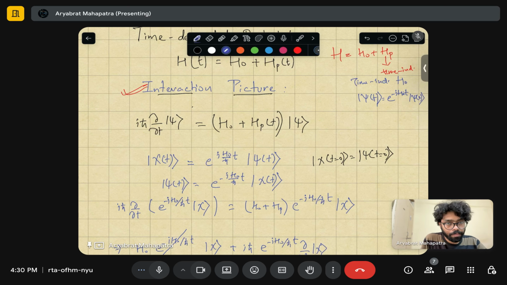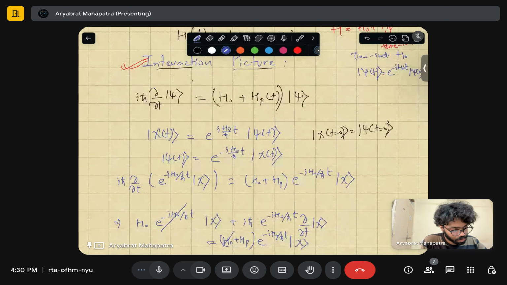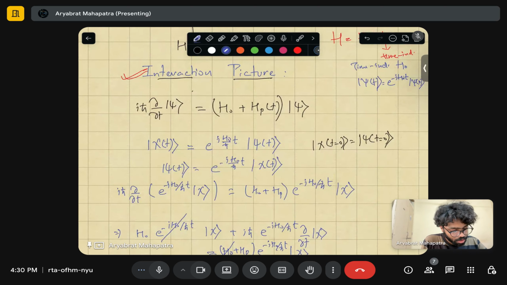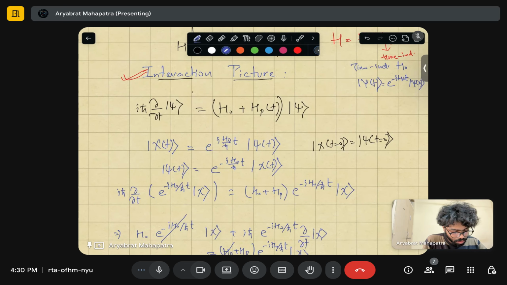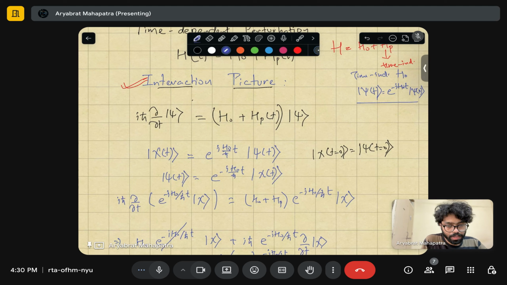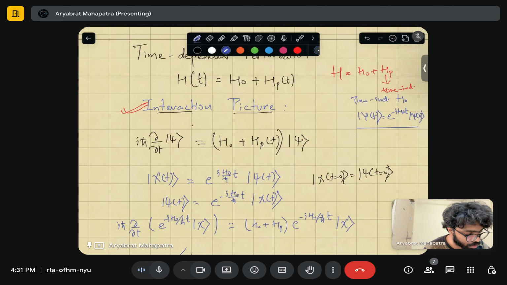But in time dependent perturbation, you cannot just directly do this. You cannot take psi of t as exponential of minus i H0 t, because here you also have some perturbation.